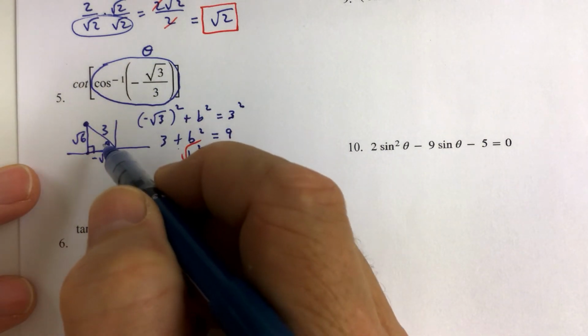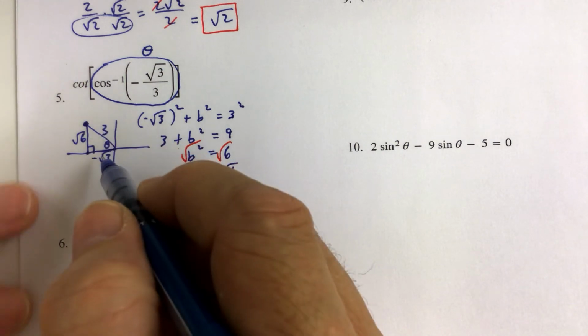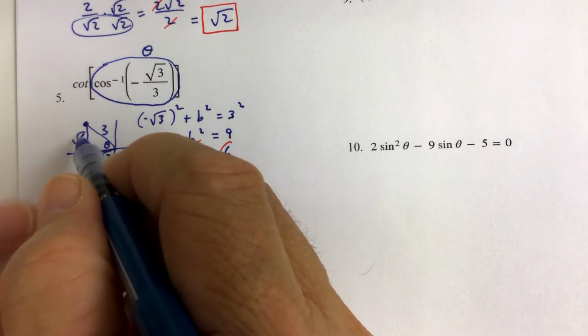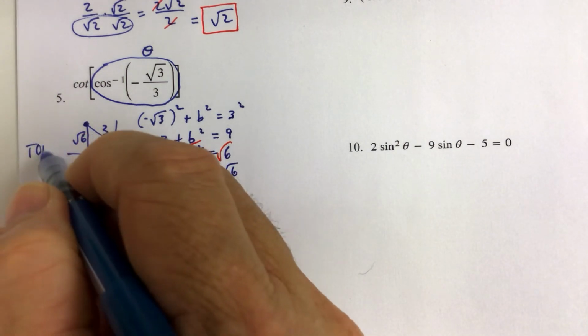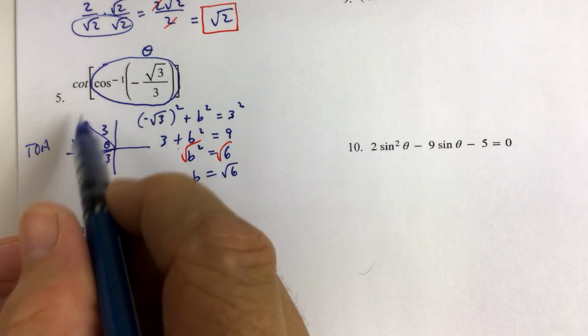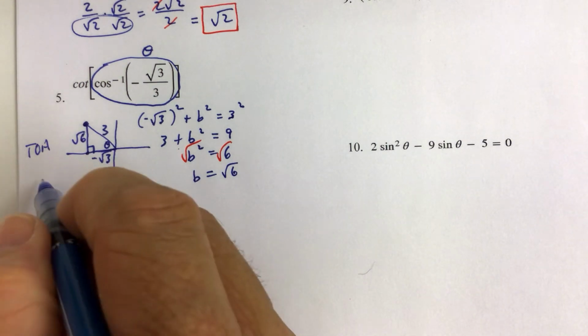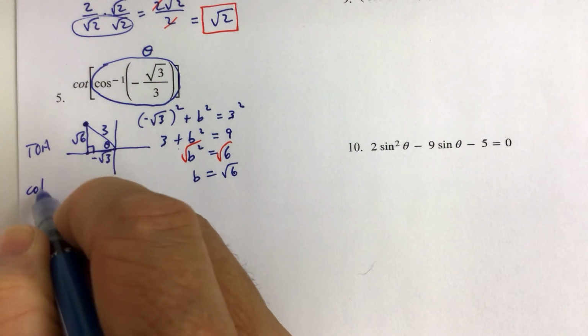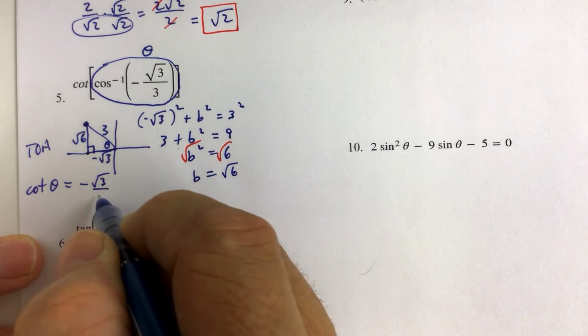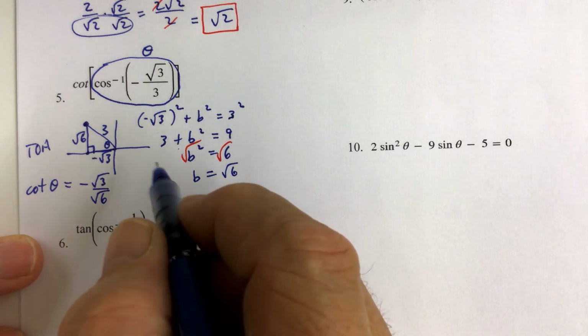Remember SOHCAHTOA: tangent is opposite over adjacent, so cotangent is adjacent over opposite. So cotangent of the angle is the adjacent leg, negative radical 3, over the opposite leg.